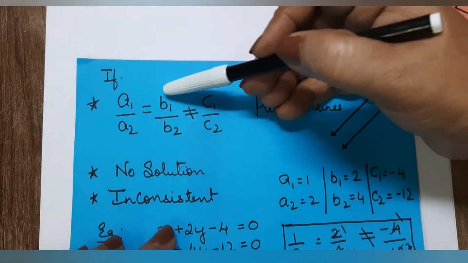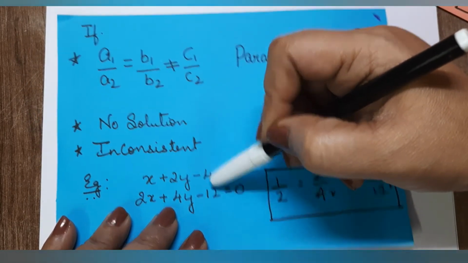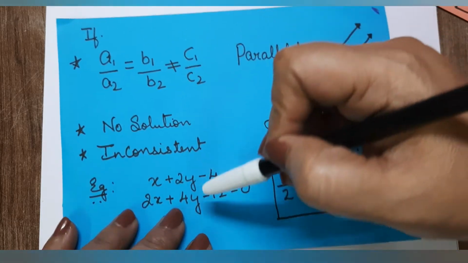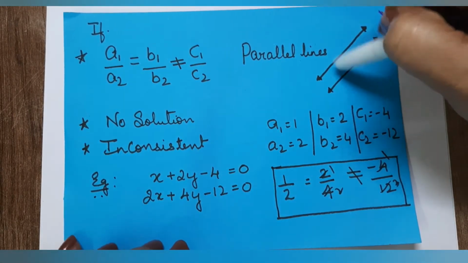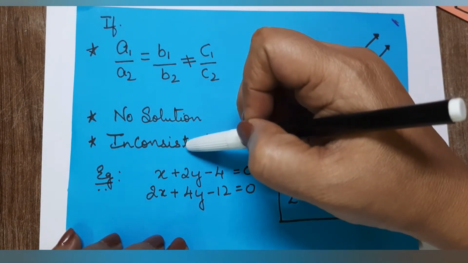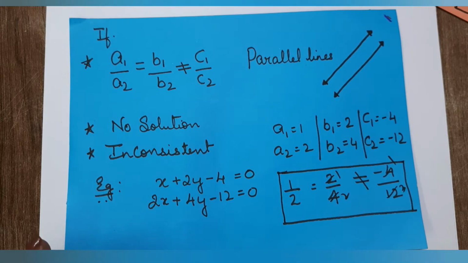So this pair of linear equations satisfies this condition. So the graph of this will be parallel lines. No solution, inconsistent. One more point, make a note, the graph of linear equations will always be a straight line.